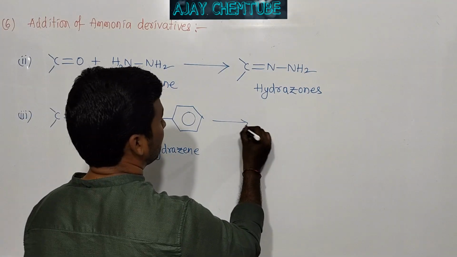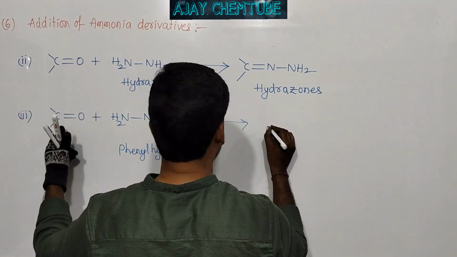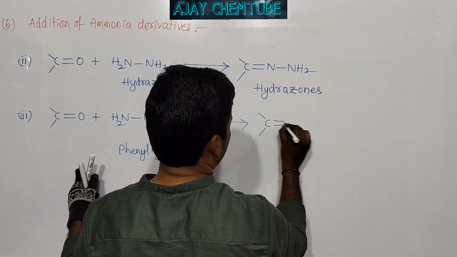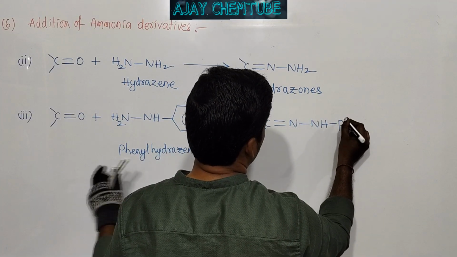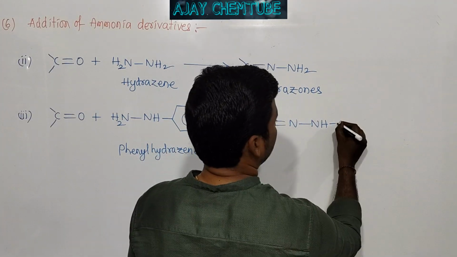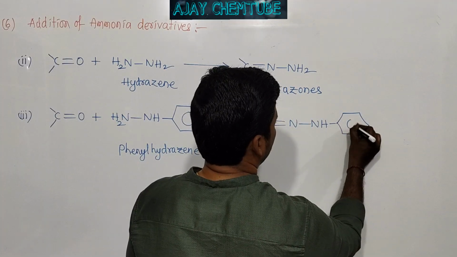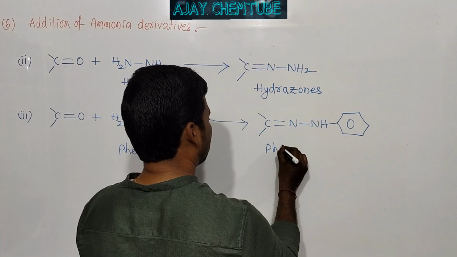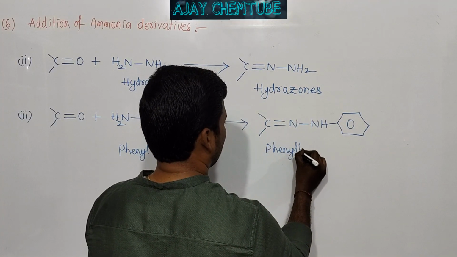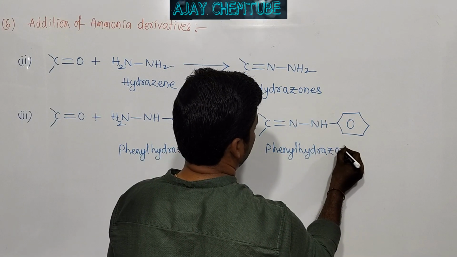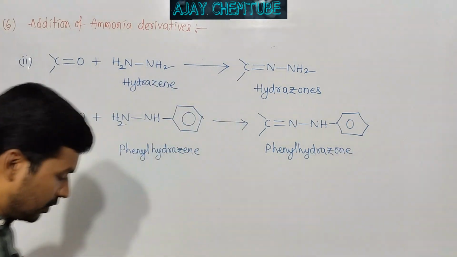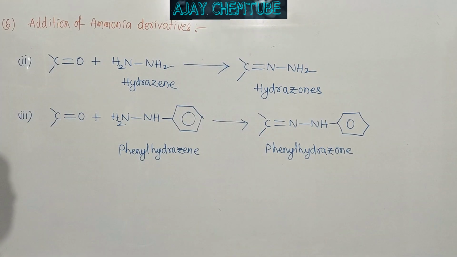Then it gives what? Same: C double bond N, single bond NH, Ph. Ph means phenyl group. Phenylhydrazine gives phenylhydrazone. Nucleophilic addition followed by elimination reaction only.